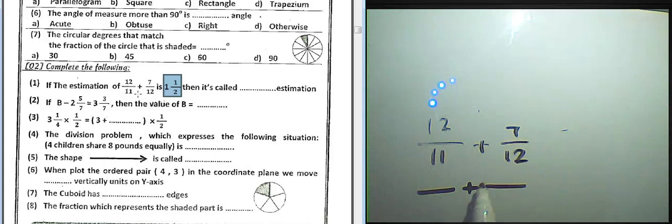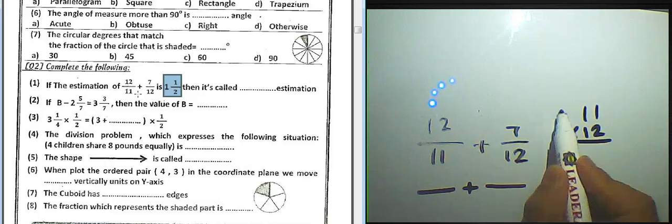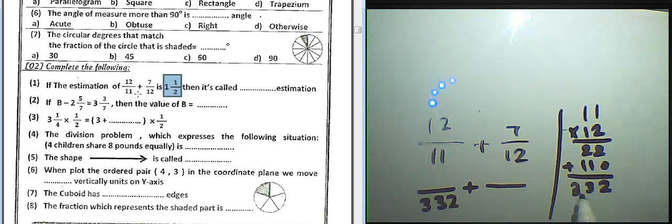11 and 12 by multiplication: 11 times 12. 2 times 11 equals 22 plus 0, 1 times 11 equals 11.